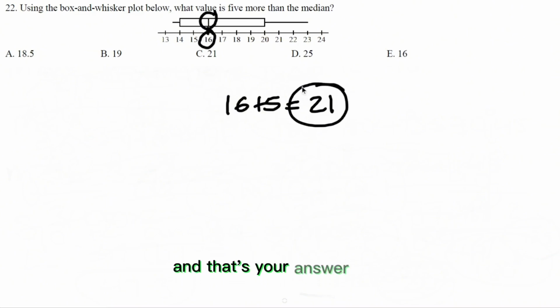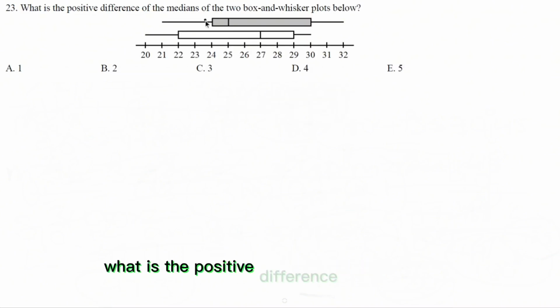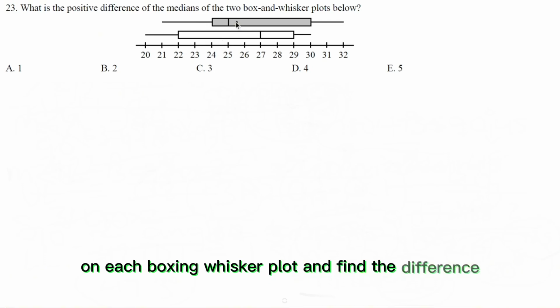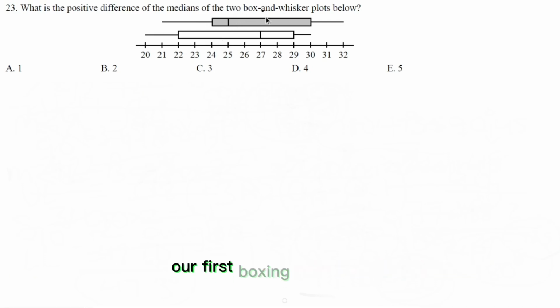And that's your answer. Next, what is the positive difference of the medians of the two Box and Whisker plots below? Alright, so we need to identify the median of each Box and Whisker plot and find the difference. So let's take our first Box and Whisker plot. So the median is just the middle line in the box, and that is this number right here. So that happens to be 25. So that's our first number.